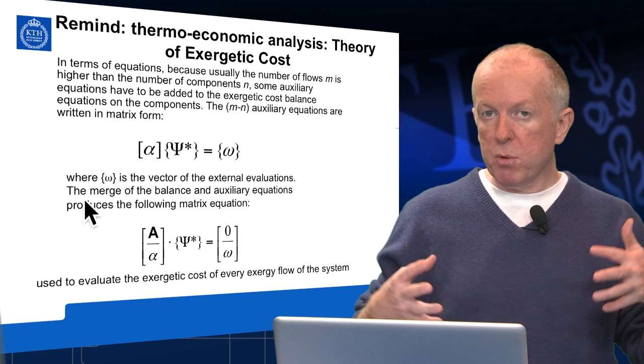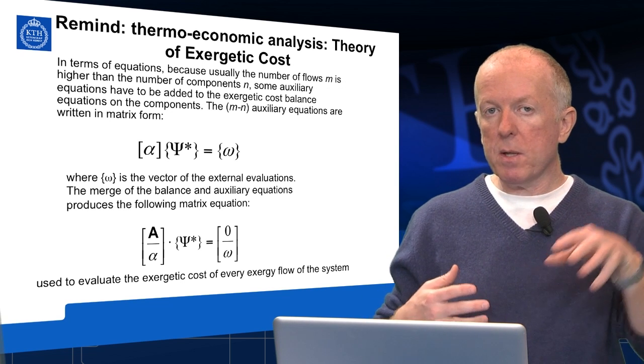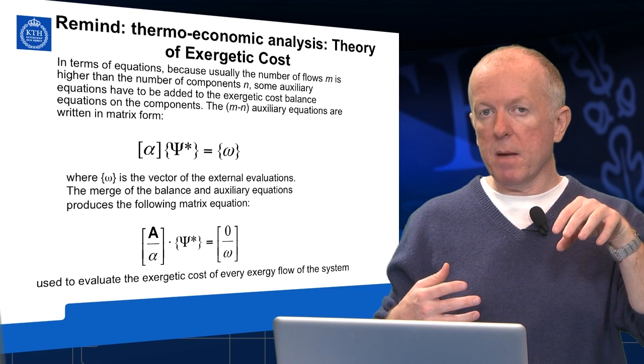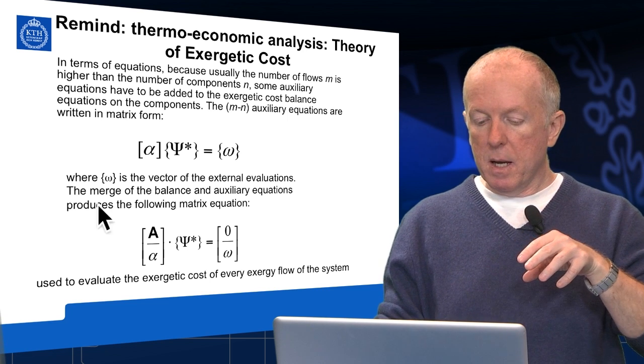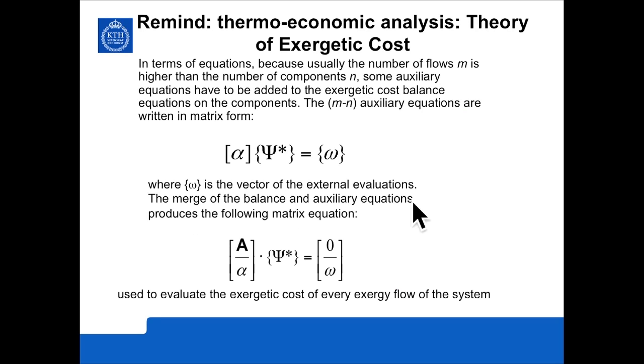If we put all together the first matrix A and the second matrix alpha, the merge of the balance component by component and the auxiliary equations produces the following matrix equation.